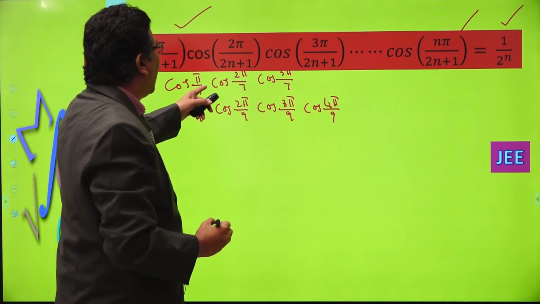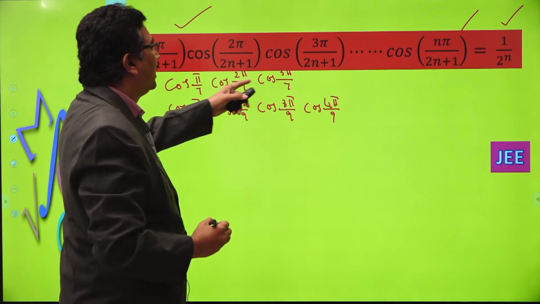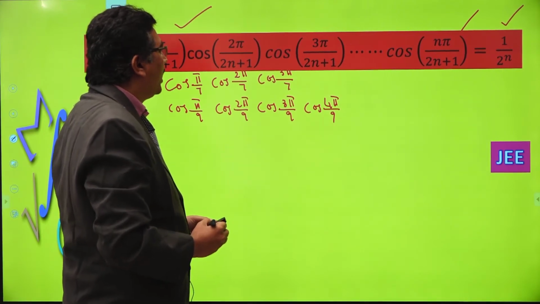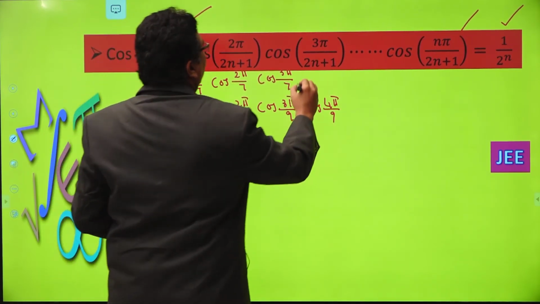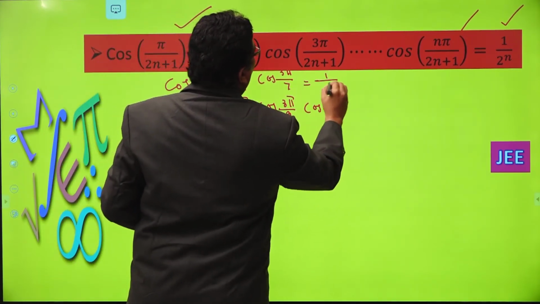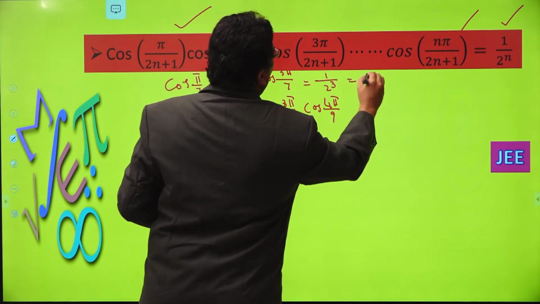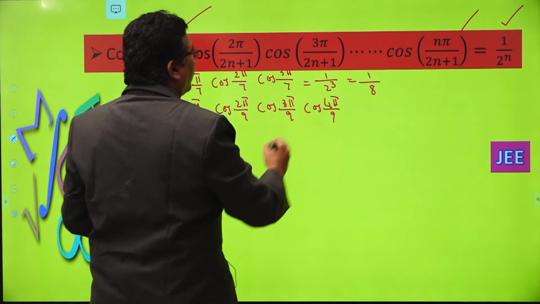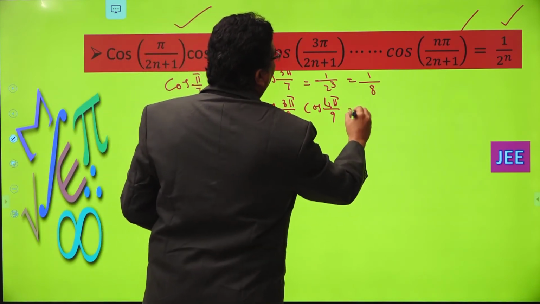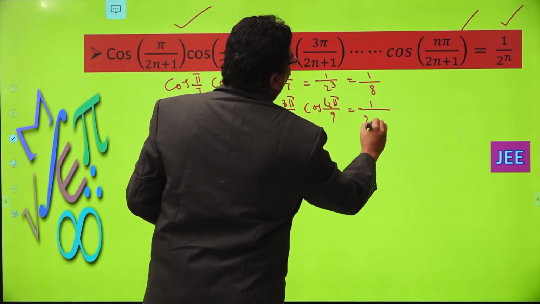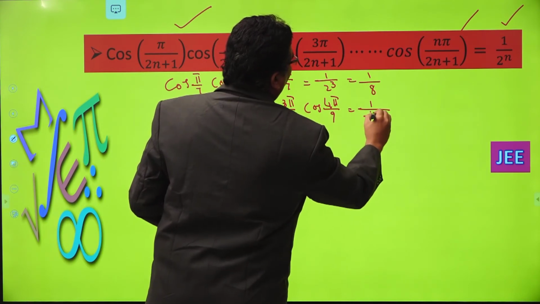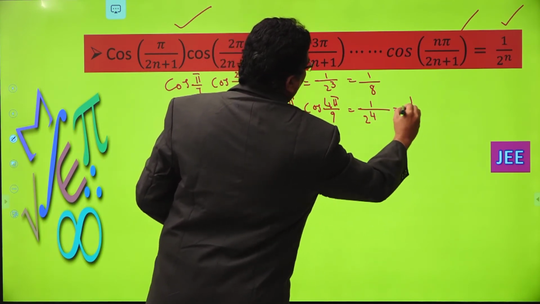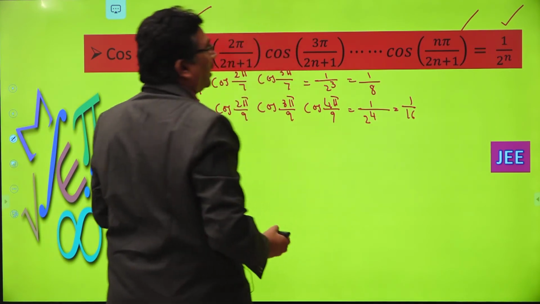So the value of the first is 1 by 2 cube, that is equal to 1 by 8. The value of the second expression is 1 by 2 power n. Here n is equal to 4, that is equal to 1 by 16, right.